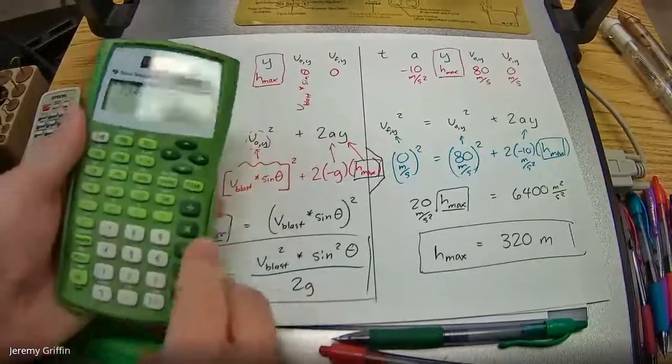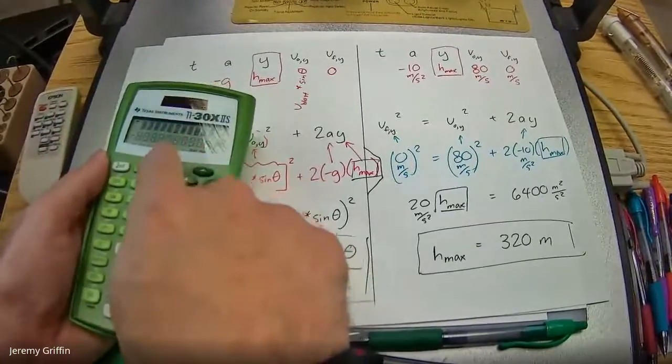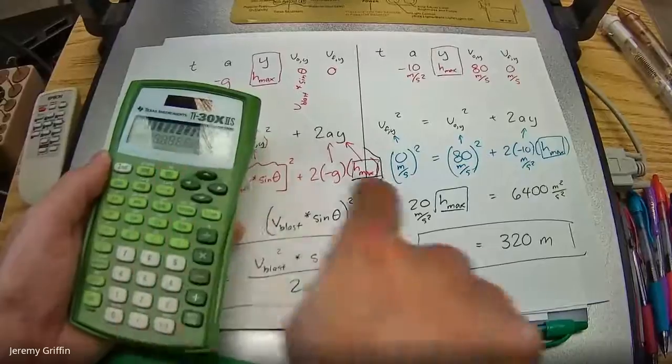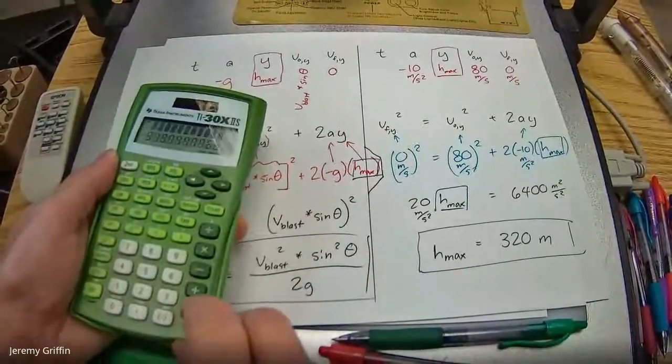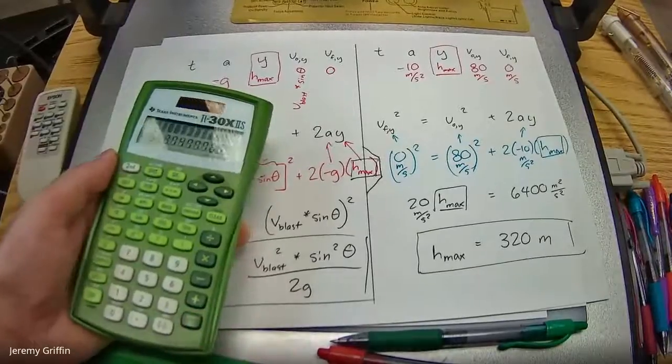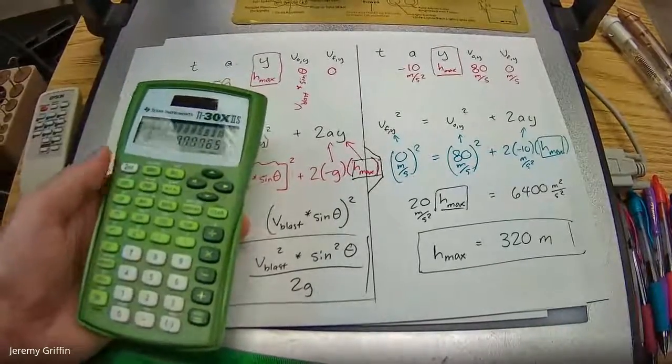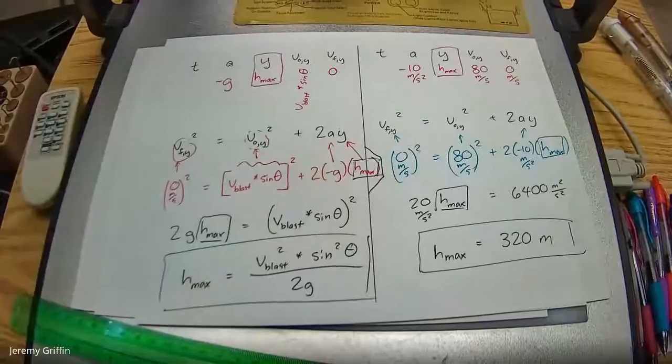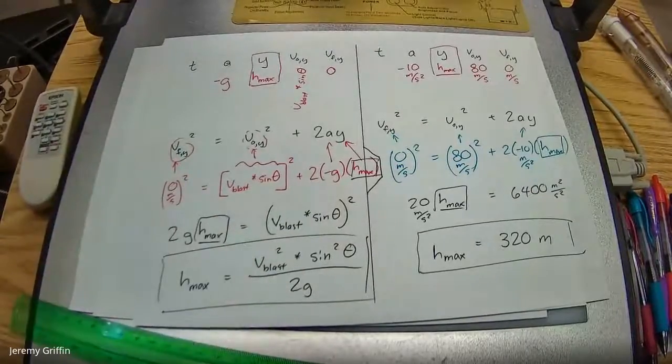All right, I just plugged it in. When I hit enter, what number has to show up on my screen? It better be 320. Let's see if it is. 319.7? I'll take it. Today's gonna be a good day. You guys good? All right, so AP, got to be able to solve in terms of variables.